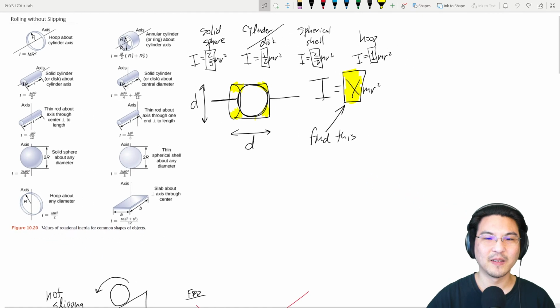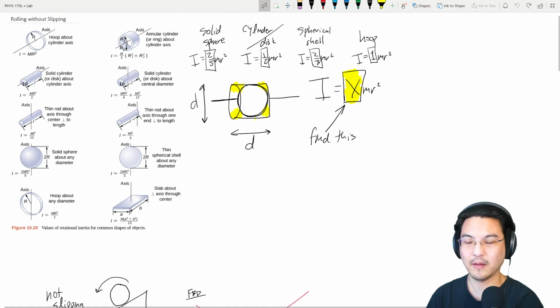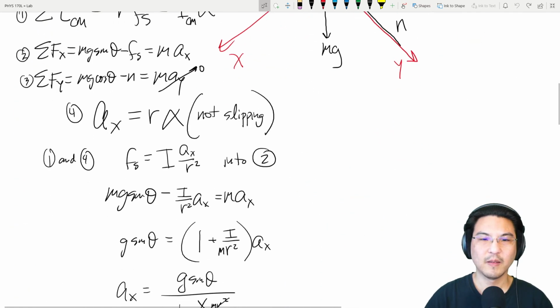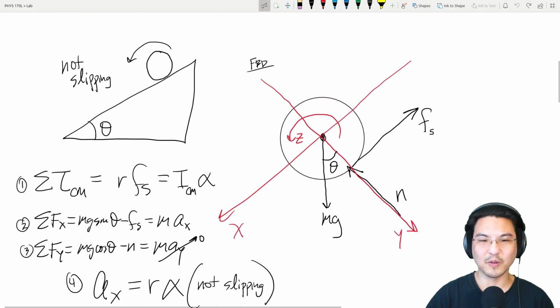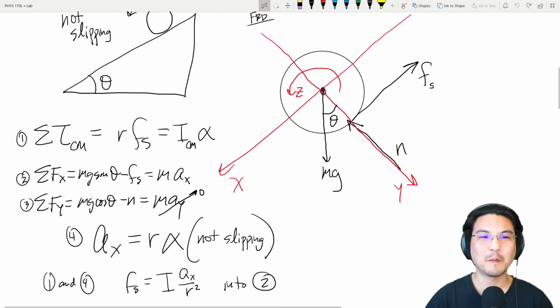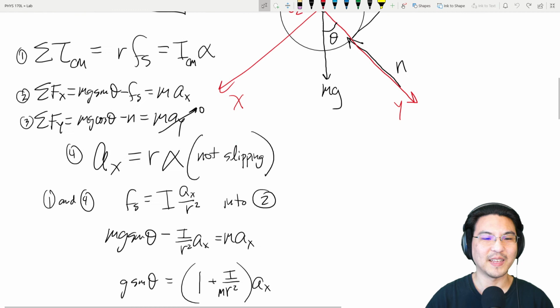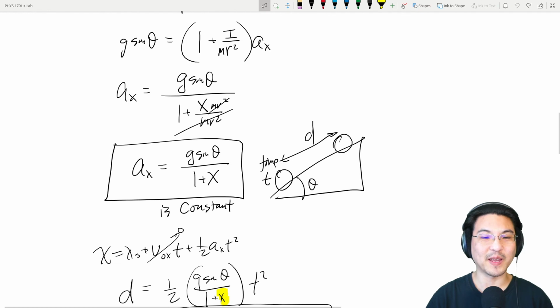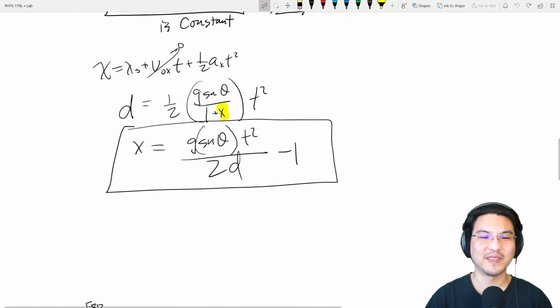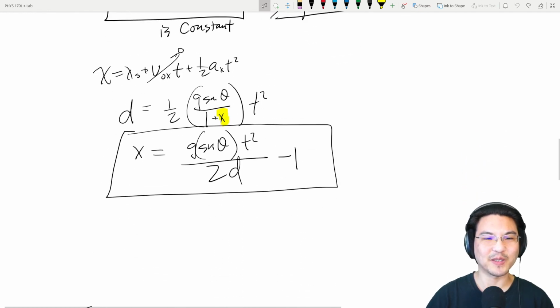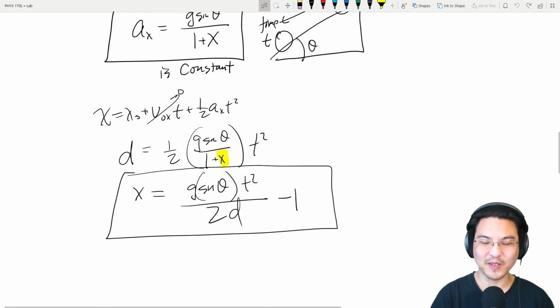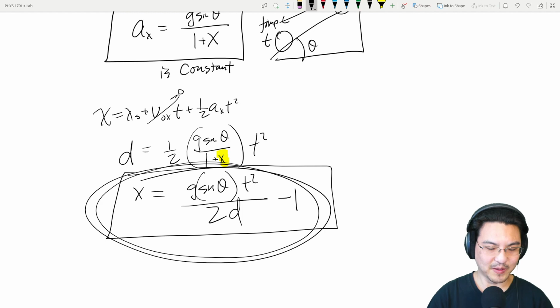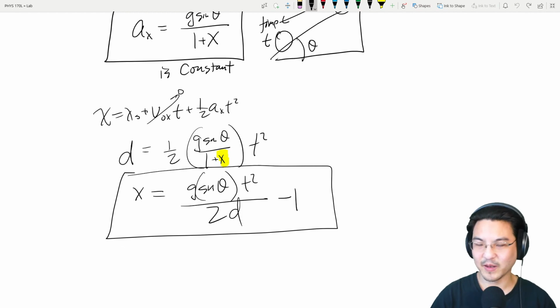Then you can go over this derivation and solve for the acceleration, and then using kinematics for constant acceleration, you can get an expression for that coefficient, this one.